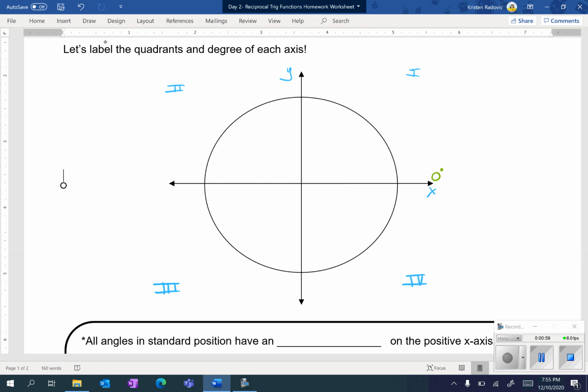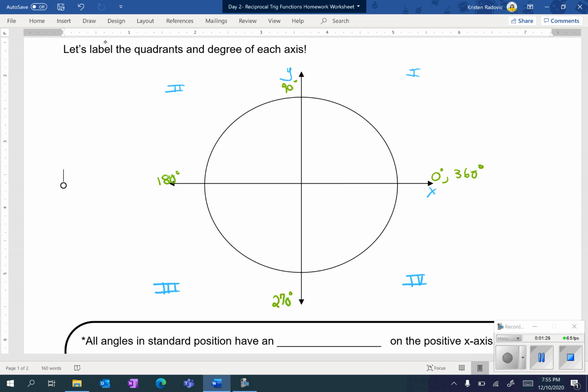The next quarter is going to be 90 degrees, plus another 90 gets me to 180, plus another 90 gets me to 270. And then plus a final 90 degrees brings me to a full circle of 360 degrees.